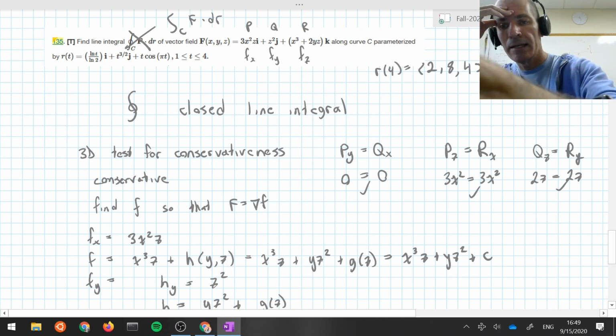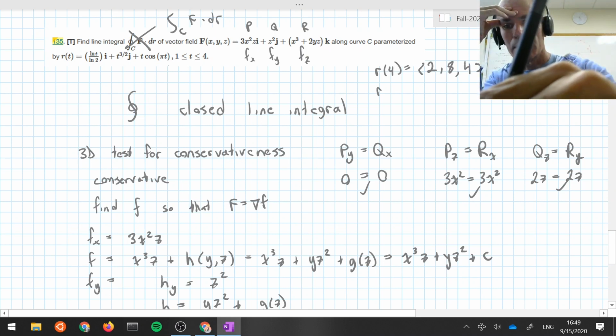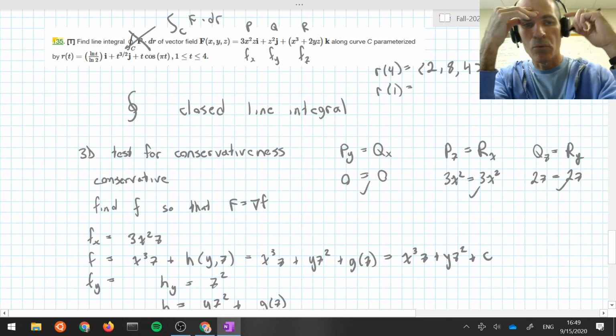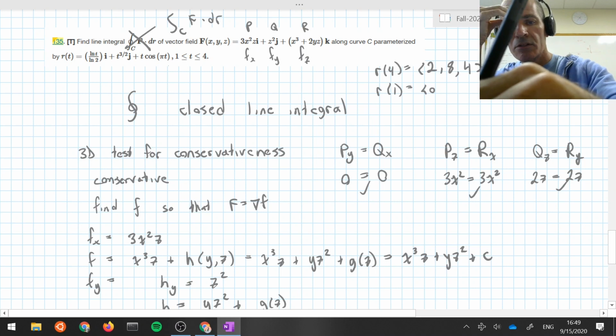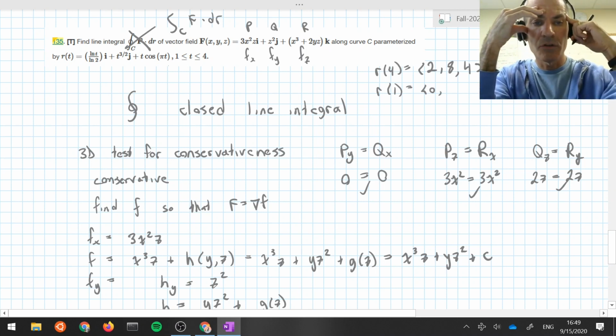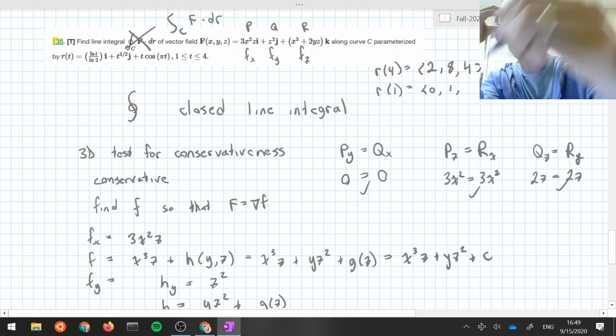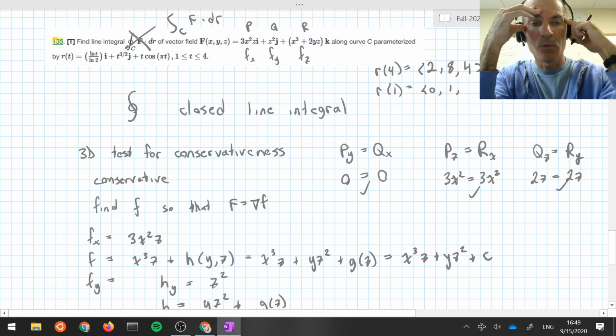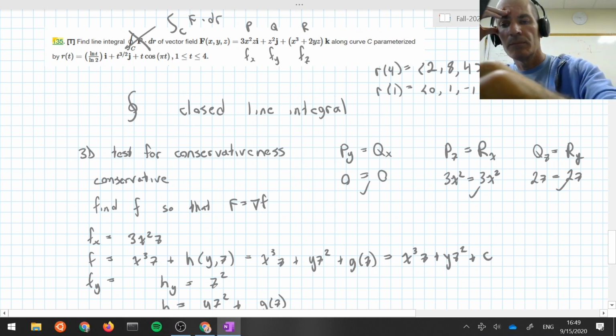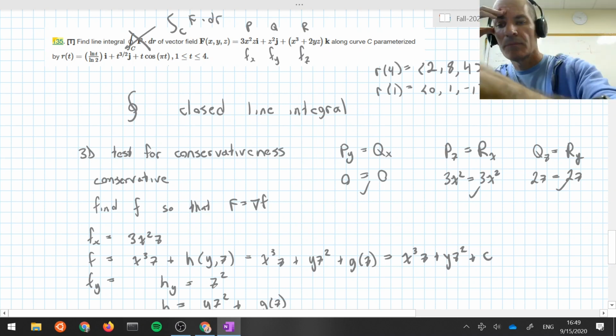So there's the end. What's the start? It's r of 1. Plugging 1 into the first coordinate, I get 0 because the natural log of 1 is 0. The second coordinate is 1. And in the third coordinate, it looks like -1. Yep, and that's the start.